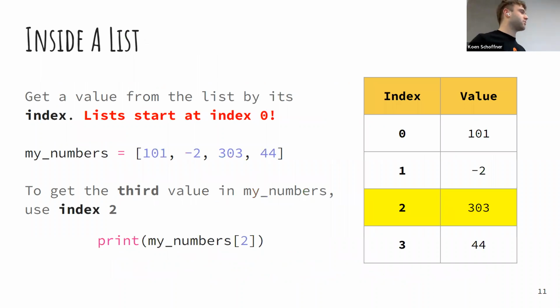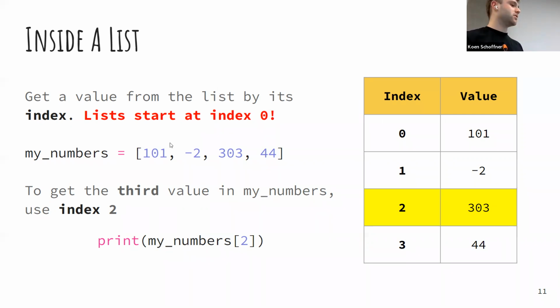There are many ways to get values from a list, but the most common way is indexing. If you have a list of 4 values, the first value in that list is index 0. Anytime you're counting in programming, the index always starts at 0.